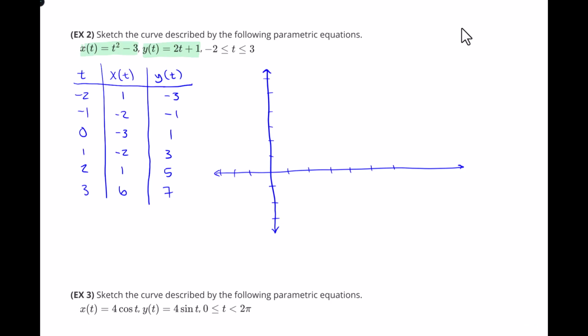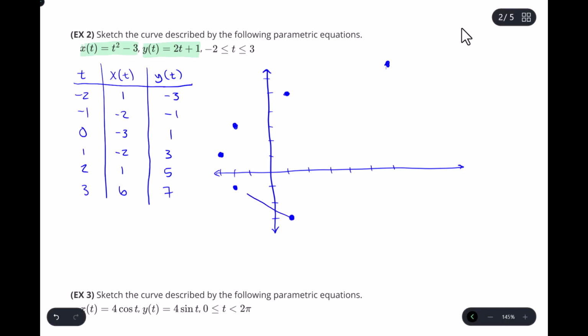All right, so 1, -3, there's my first point. -2 on the x, -1 on the y, there's my second point. -3, 1, so -3 and then up 1, there we go. -2, 3, 1, 1, 2, 3, 4, 5, and 1, 2, 3, 4, 5, 6, and then 7, which would be about right there.